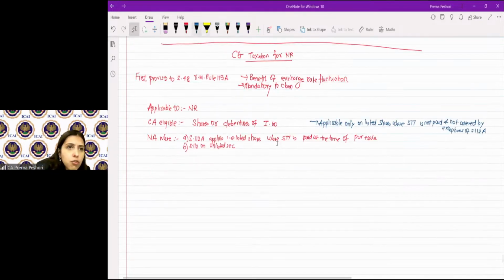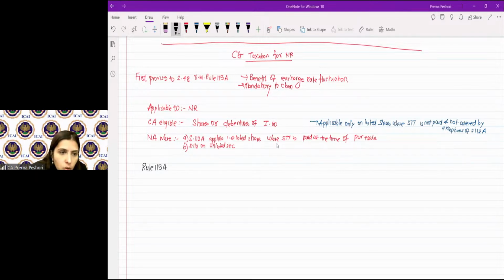So for that, rule 115A gives you the benefit. It says that the average of TTBR and TTSR, you have to take into consideration to convert the cost of acquisition as on the date of acquisition of the capital asset.